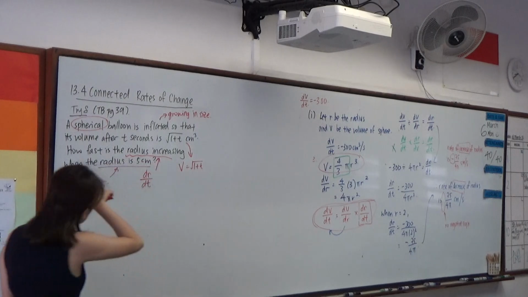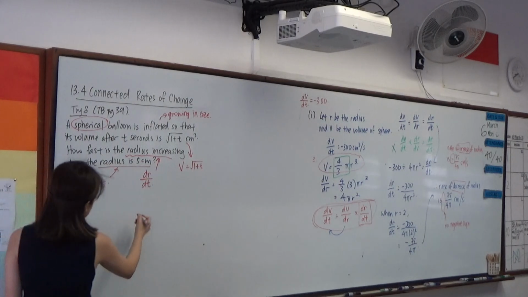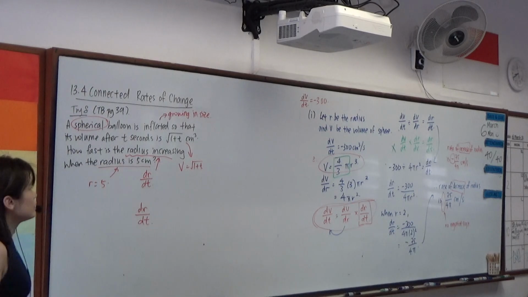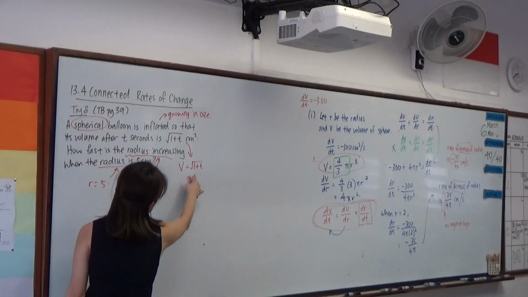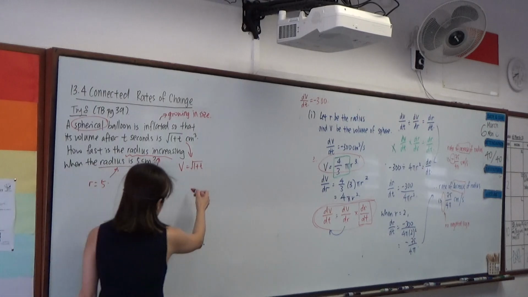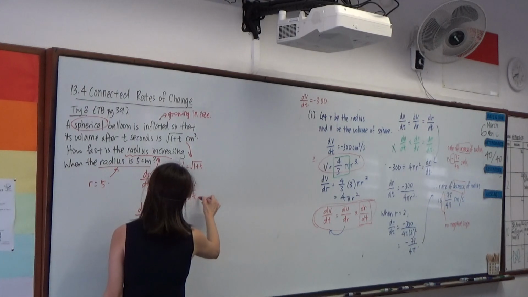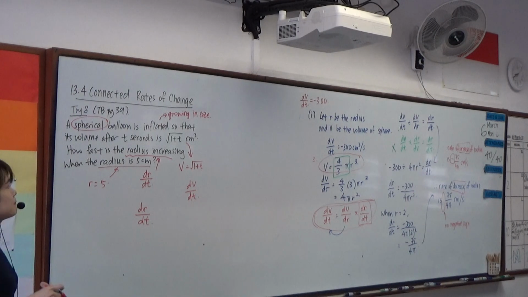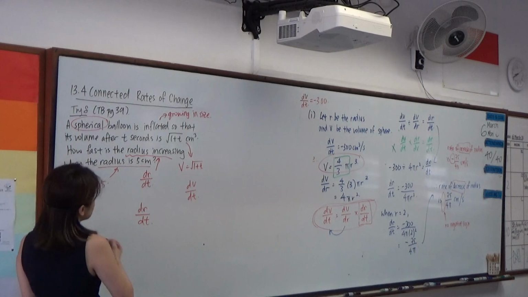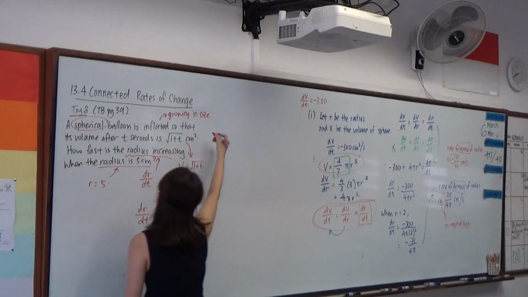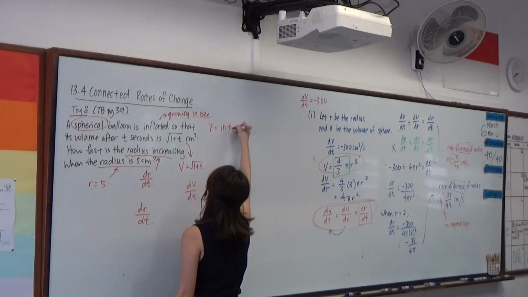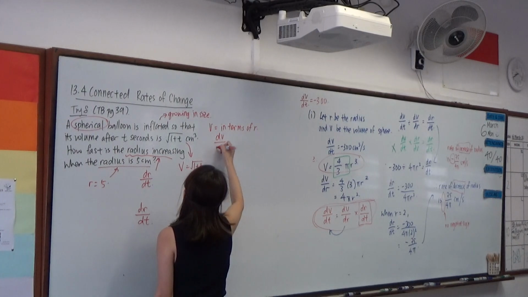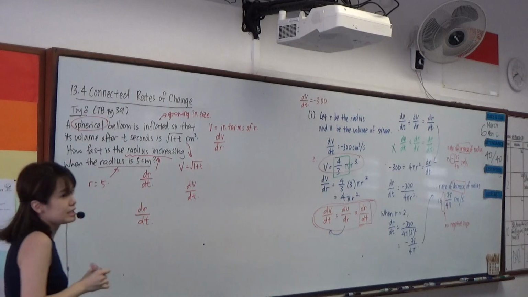Because you're trying to find dr over dt, and we are given V equals square root of 1 plus t, that means that I can find dv over dt. And since you're talking about a sphere, I can also express my volume in terms of r as well, and that will help us in finding dv over dr.